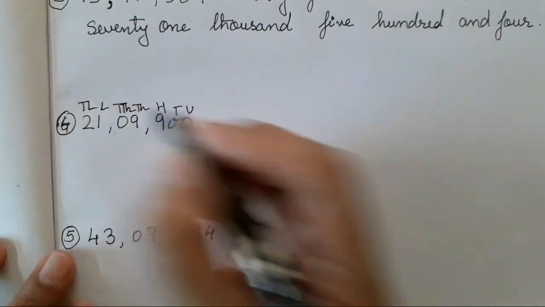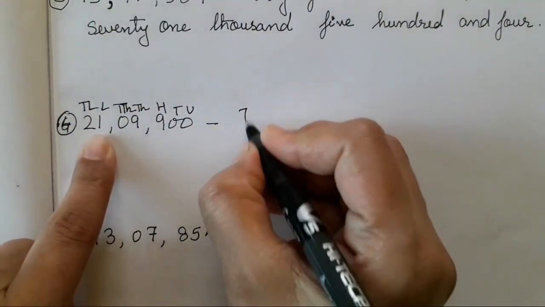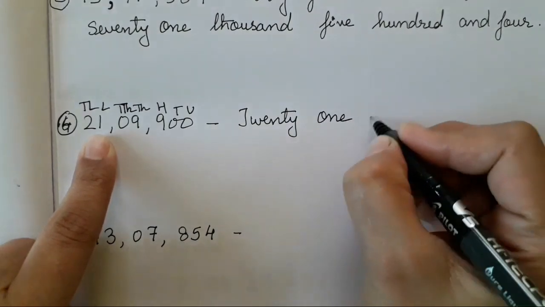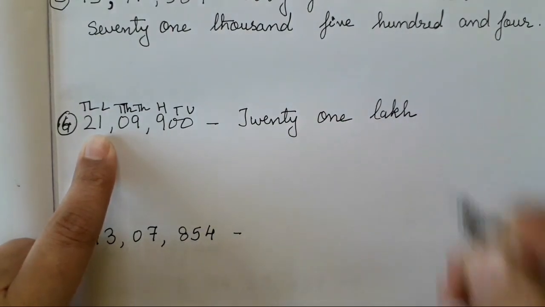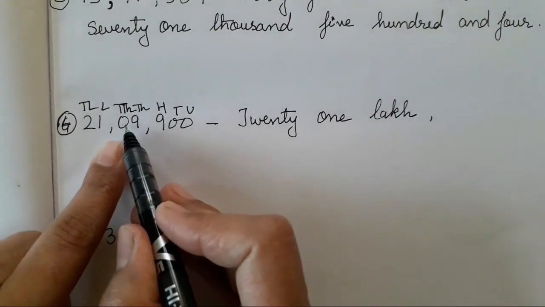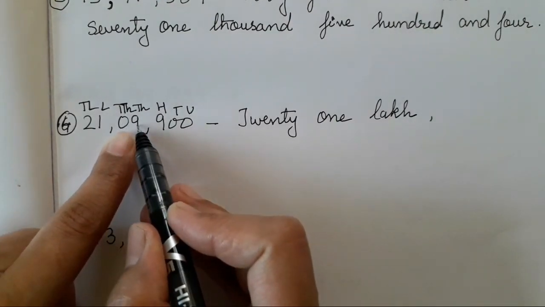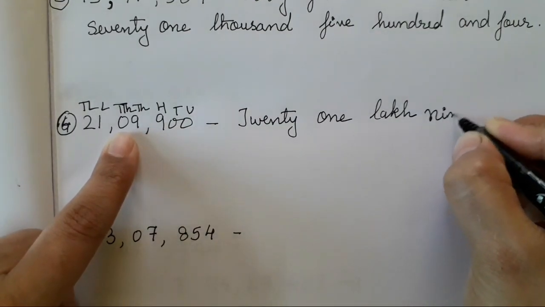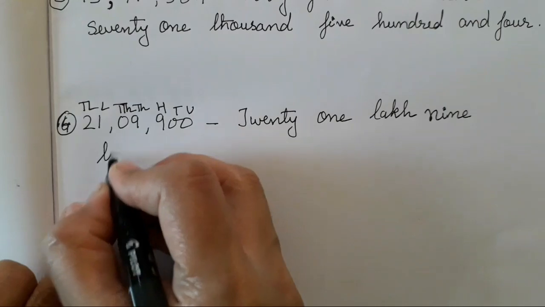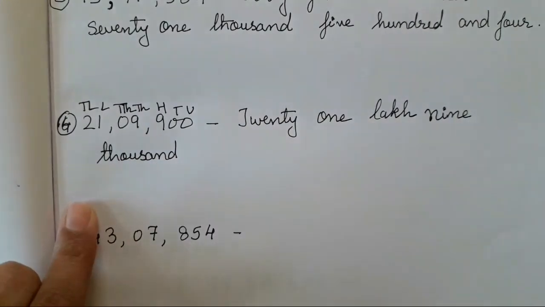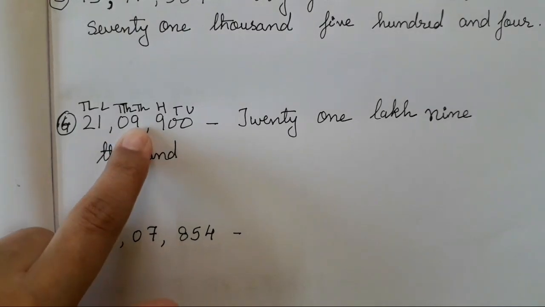10,000, lakh and 10 lakh. So 21 lakh. Now in 10,000 place the unit is 0, but in thousands place there is 9. So you all have to only write 9,000. Got it, children? Why have we taken only 9,000?